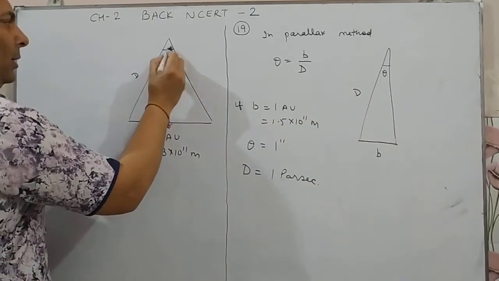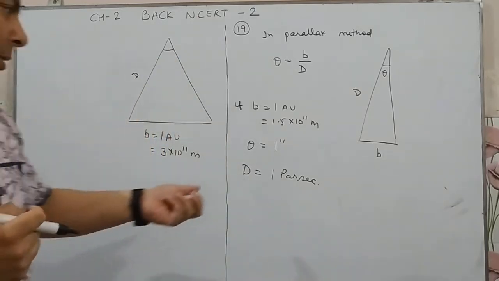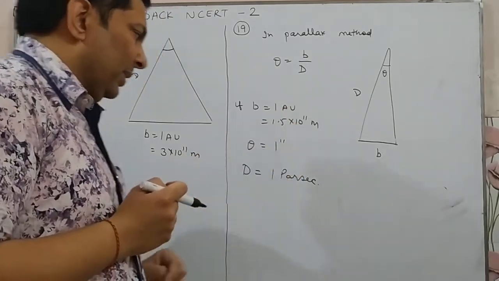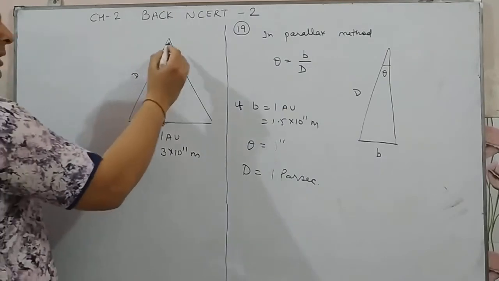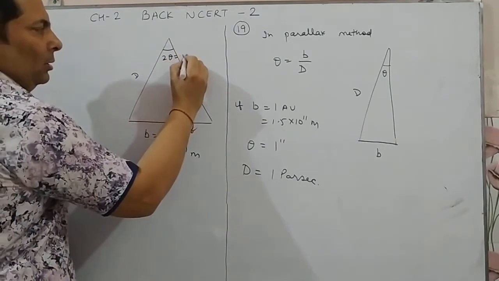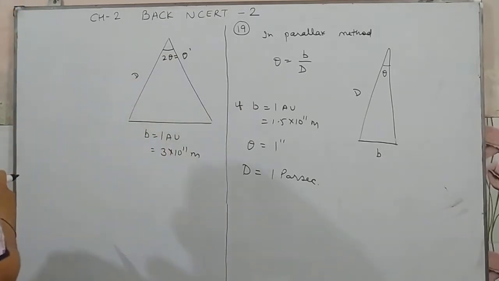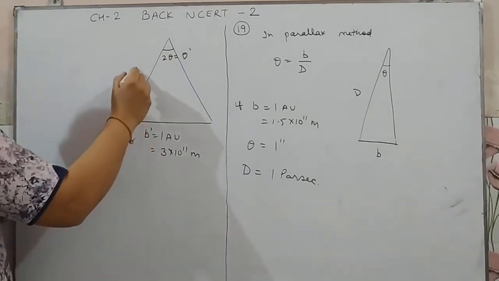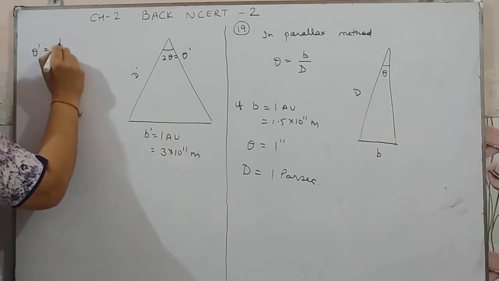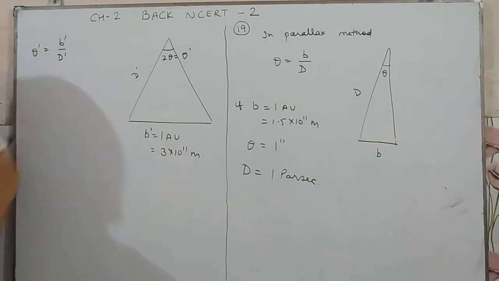Now you know that for the earlier case the angle was 1 second. For this case we'll take it as 2 theta, so theta dash equals 2 theta. This is b dash, this is d dash. So as per the case, we'll take theta dash equals b dash upon d dash.